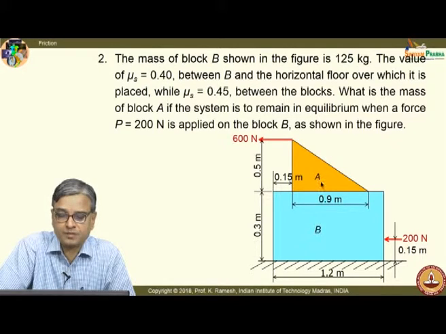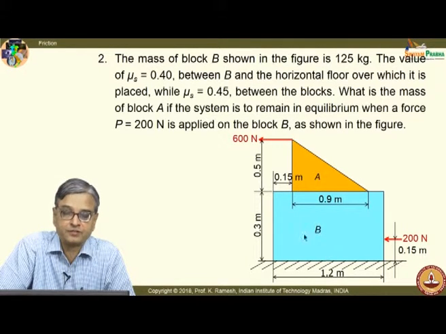I have two blocks, block A and block B. The geometrical dimensions are given. This is given as 1.2 meters. Height is 0.3 meters. And you have a triangular block A. This is about 0.5 meter height. And you are given the frictional coefficients: the value of mu s is 0.4 between block B and the horizontal floor.